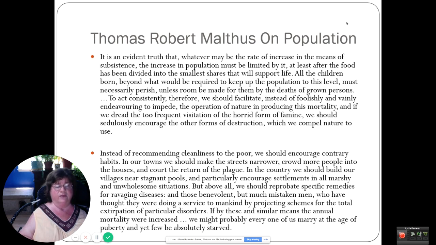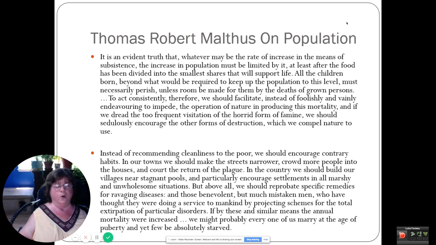So he said, instead of recommending cleanliness to the poor, we should encourage contrary habits. In our towns, we should make the streets narrower, crowd more people into the houses, and court the return of the plague. In the country, we should build our villages near stagnant pools, and particularly encourage settlement in all the marshy and unwholesome situations.